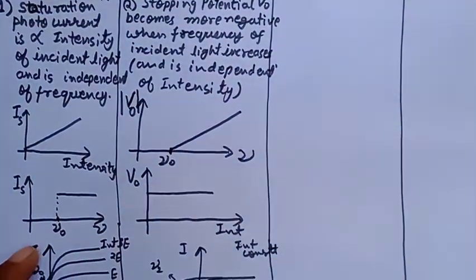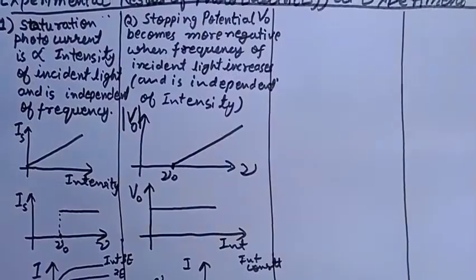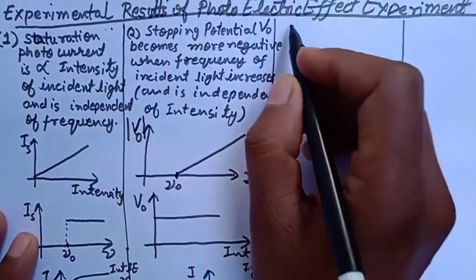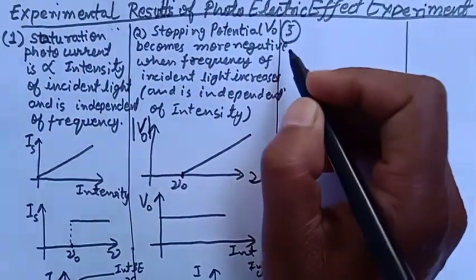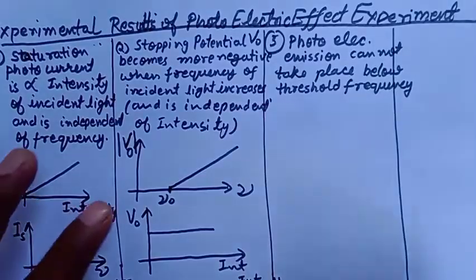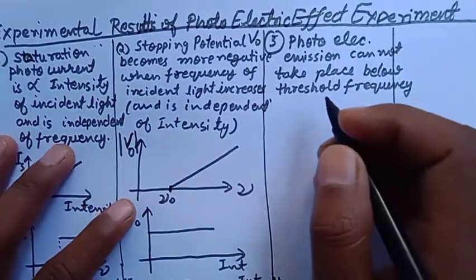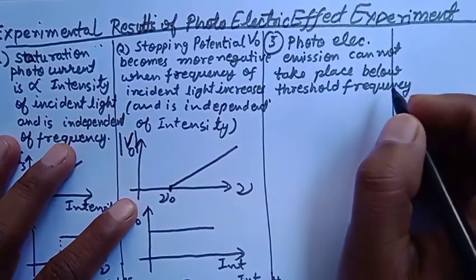All right, so next, third point. Photoelectric emission cannot take place below threshold frequency.